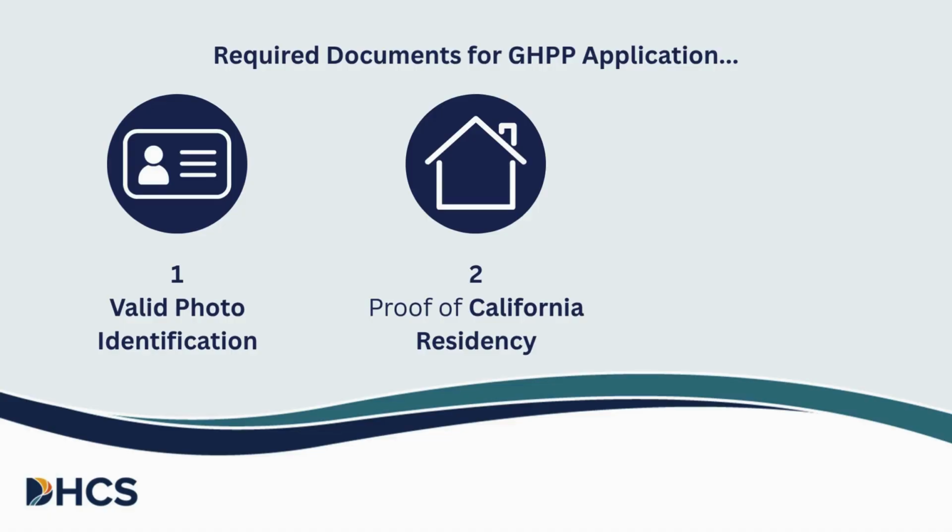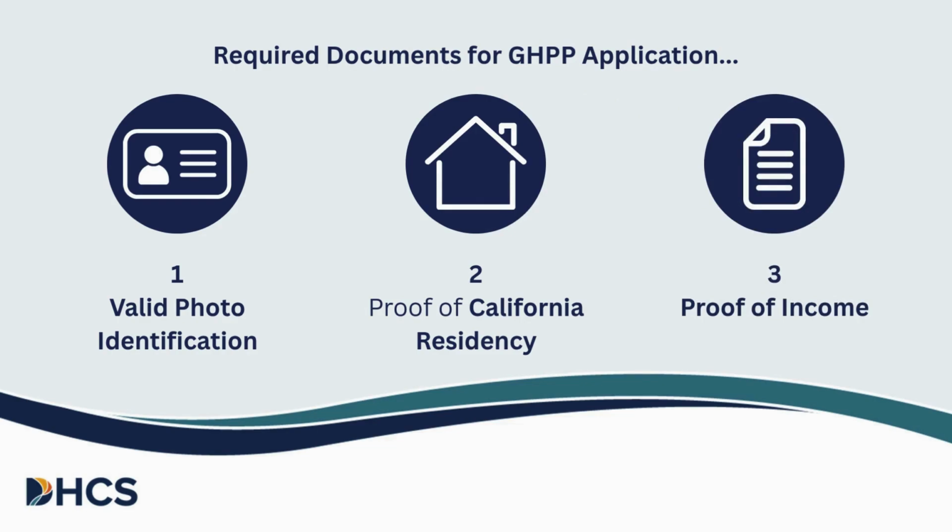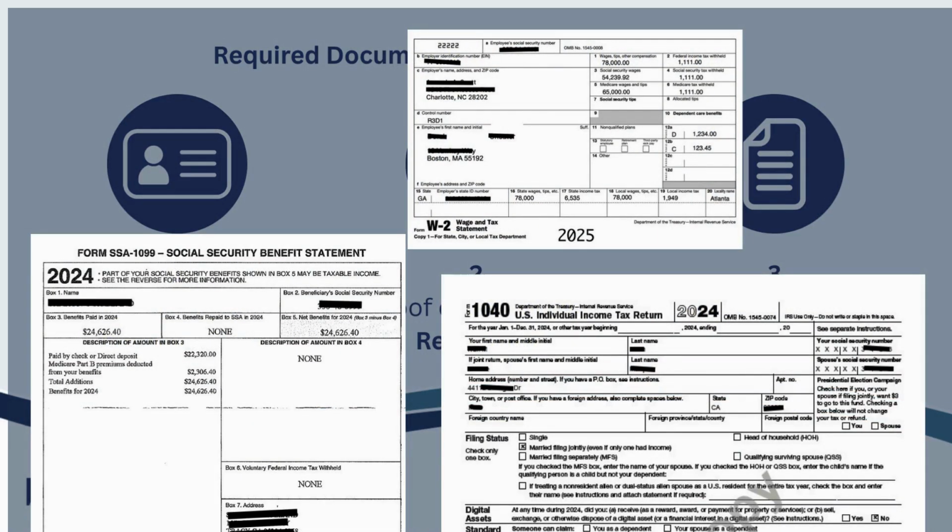Thirdly, we require proof of income. As we stated when going over Part A, you must provide documentation that supports the family income you listed in the application. The best document to provide is the latest IRS tax return form 1040, which shows your adjusted gross income, or AGI, from the previous year.